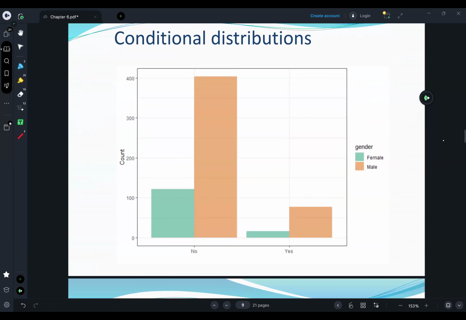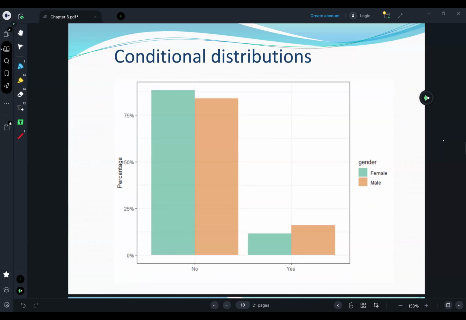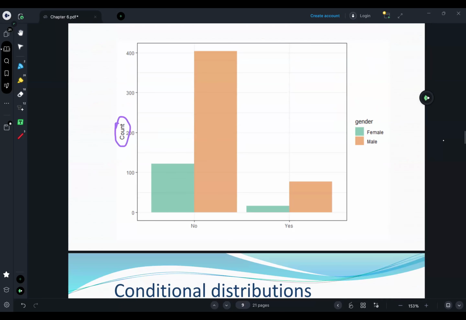I'll just show you on this slide here, we are looking at the counts, the raw counts, and here we're looking at the percentage. And it really changes, right? I wish I could do a split screen here, but if you can see them both in front of you, it looks very different.